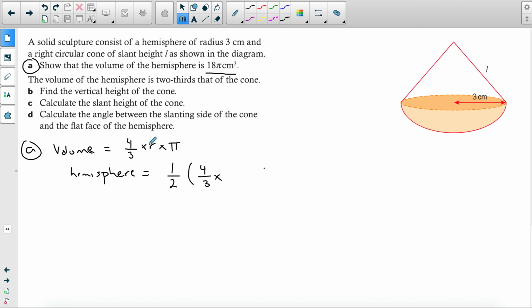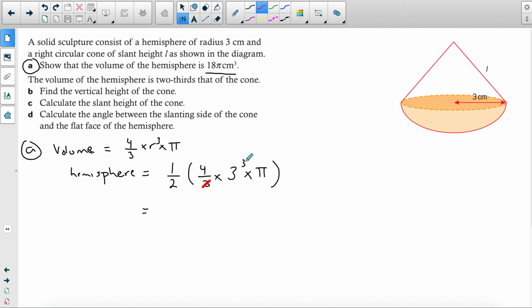4/3 times, sorry, the radius is cubed. So 4/3 times r cubed times pi. We know the radius, that's 3, so times 3 cubed times pi. If I actually go through this calculation, just simplify it a bit.